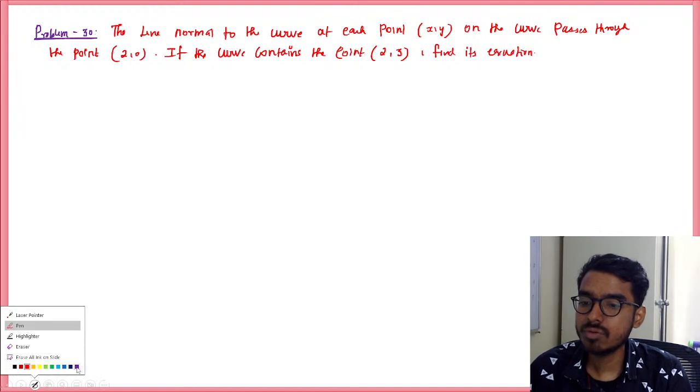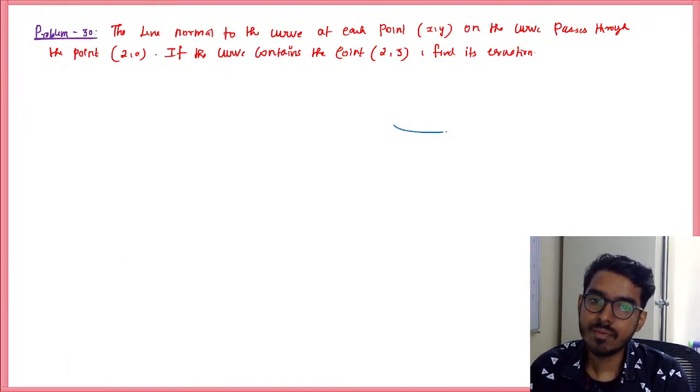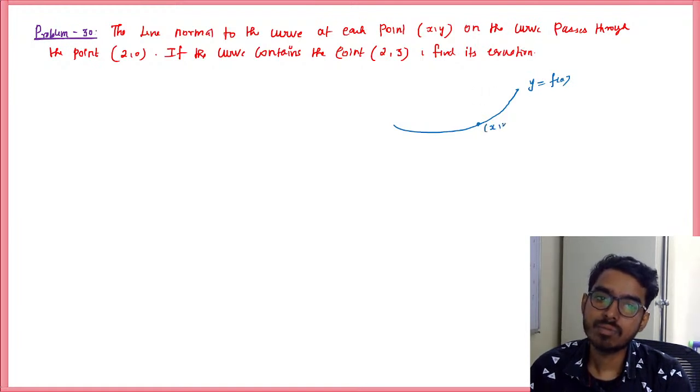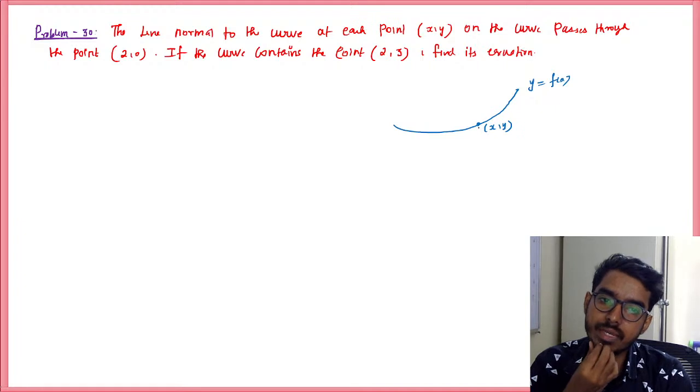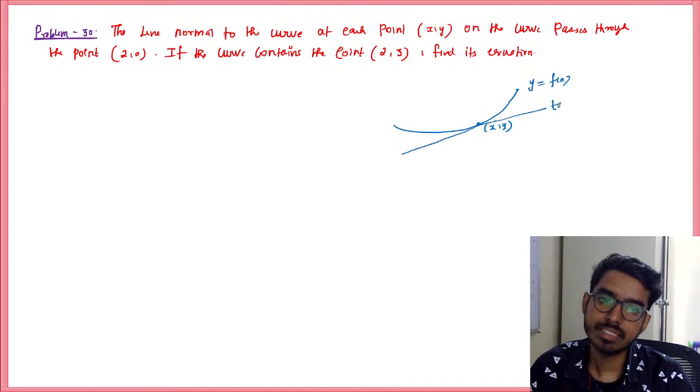Let us try to draw the graph, right? So we have a curve y is equal to f of x. Let us take a point x comma y. So if we take a point x comma y, this will be the tangent at the point x comma y.